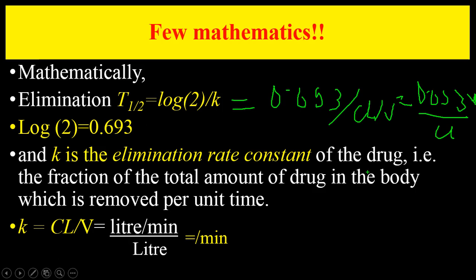And the other way to remember is K and Cl come together in my mind, so they are both above and volume is below. The apparent volume of distribution is below.